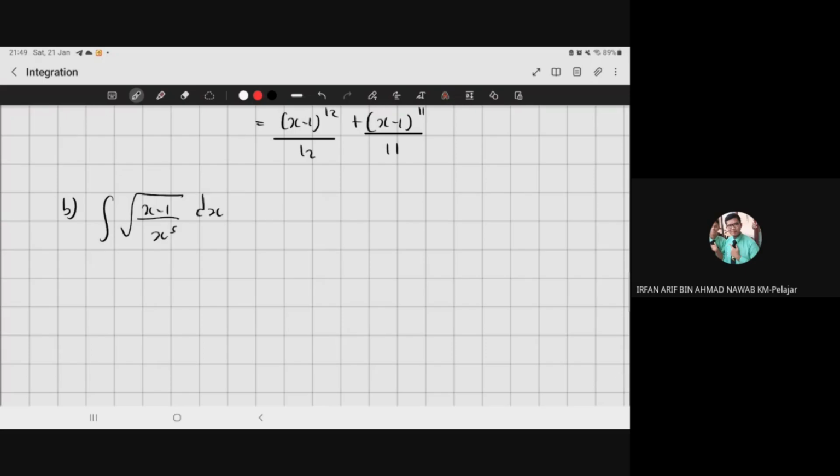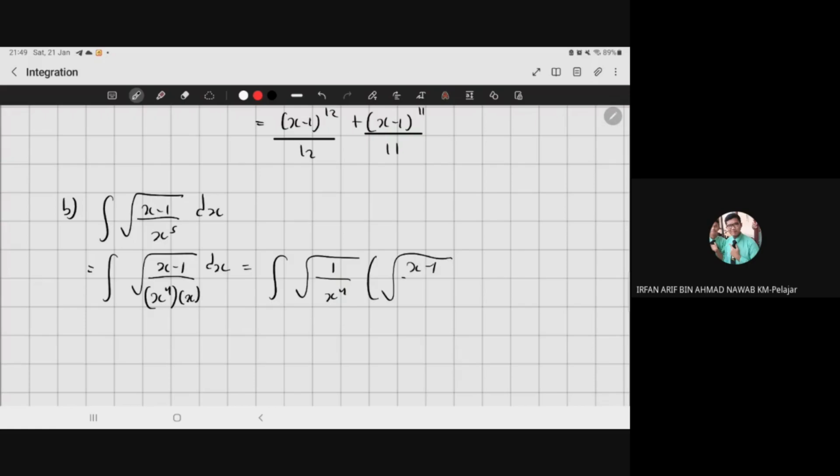So we start with the square root of (x minus 1) over x to the power 4 times x dx, and I can separate this fraction to become the square root of 1 over x to the power 4, times the square root of (x minus 1) over x.